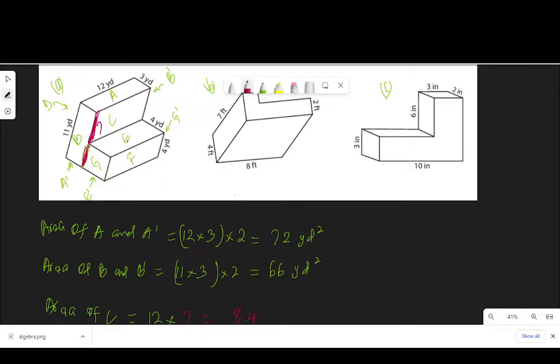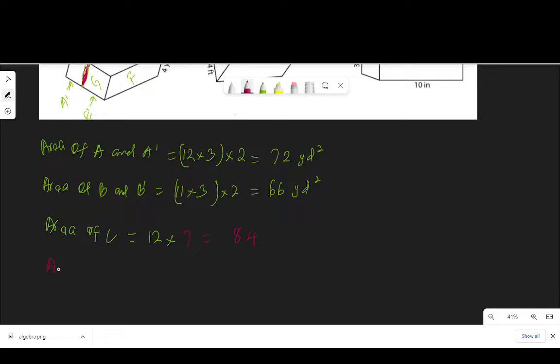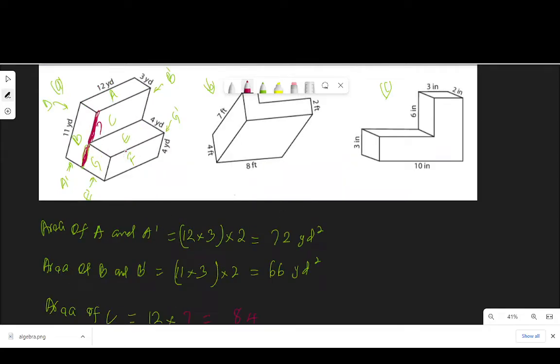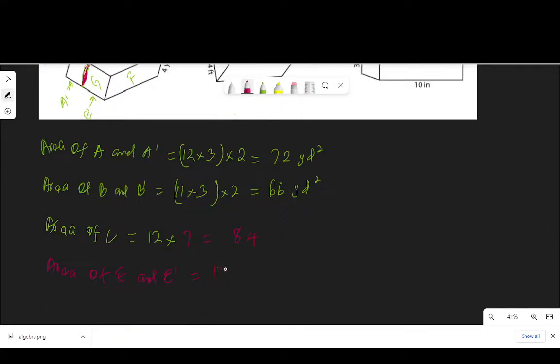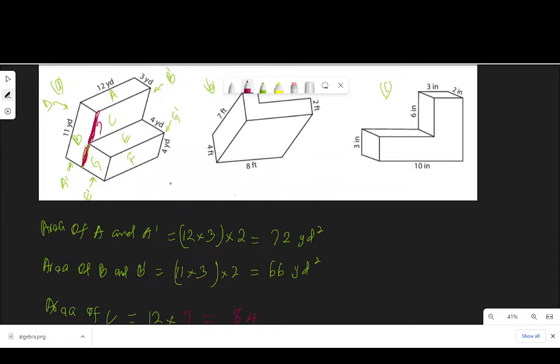Now let's get area of E and E prime. The length of E is 12. The width is 4. The 12 times 4 multiplied by the two of them, that is E and E prime.